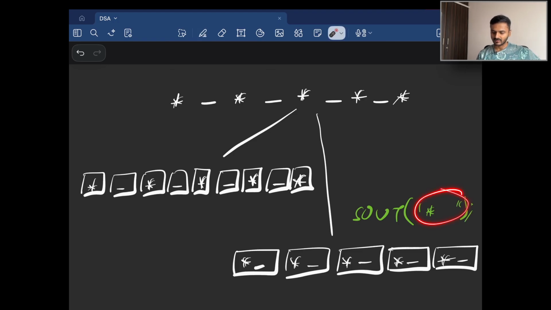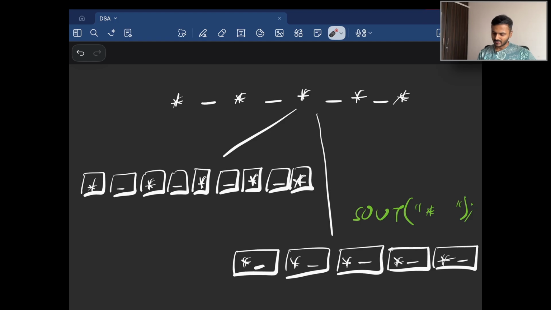So if we do this, what's going to happen? What we need is 5 asterisks, and we are getting 5 asterisks over here. Then what we also need is spaces between those asterisks, right? And we are getting that as well. If you see, this is a space between this and this asterisk. This is a space between this and this asterisk, and so on.